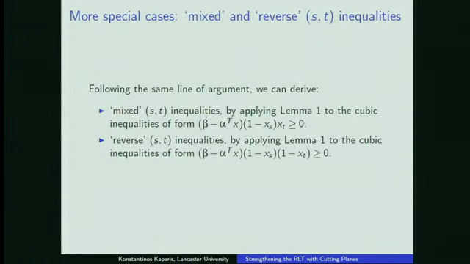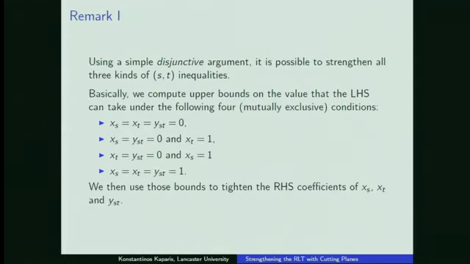It's not difficult to see then that one can derive some further forms of such inequalities called mixed or reverse, where we now multiply here with the complement of one of the variables and the original variable t, or both complements of xs and xt, and one linear inequality. These inequalities can be strengthened even more.